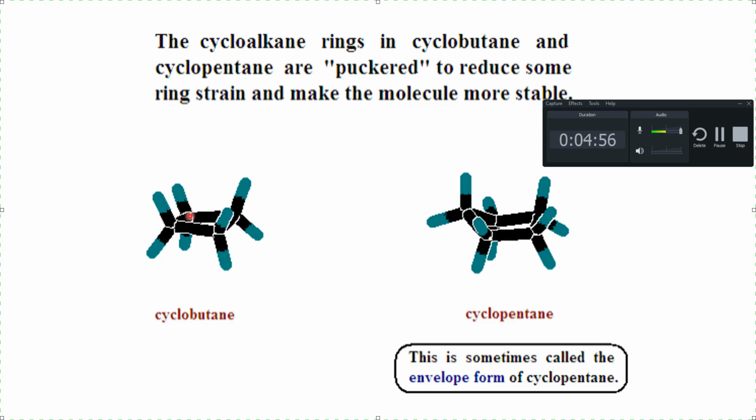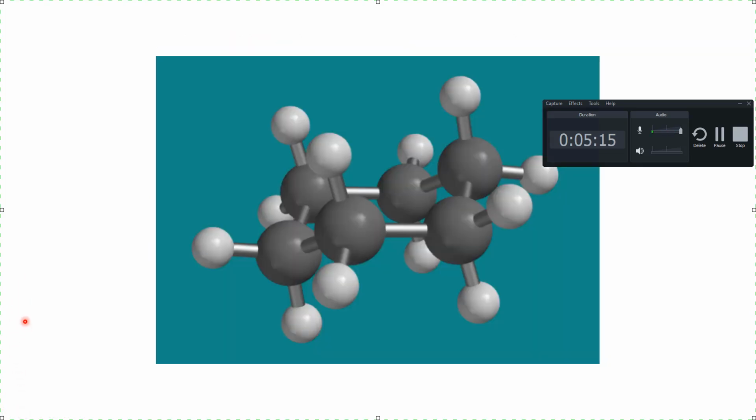So it's not a perfectly flat ring. In a cyclopentane, the puckering is a lot more pronounced, and you get what's sometimes called an envelope form. And that's actually going to exist in a cyclohexane. So here is a cyclohexane molecule with a 6-membered ring.